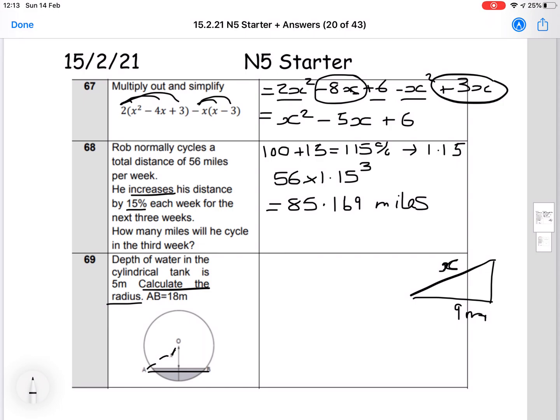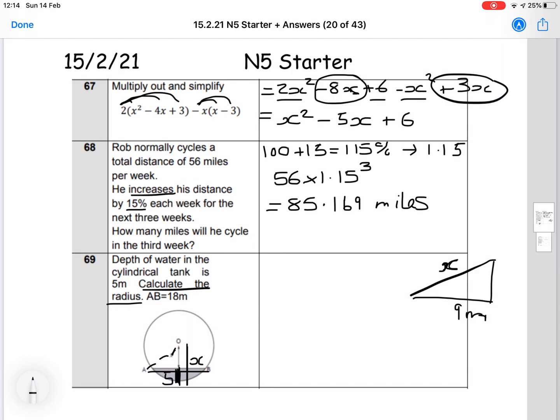So the last side I need to fill in for Pythagoras is that vertical side. So we were told that the depth of the water was 5 metres. That would be this little part down here would be 5. So if we think about this, okay, the distance from the centre to the edge is a radius, and I've called my radius X. So this distance straight down here would be X. Now I know that this little small part down here is 5.